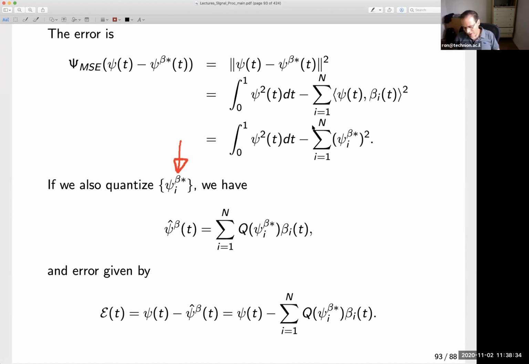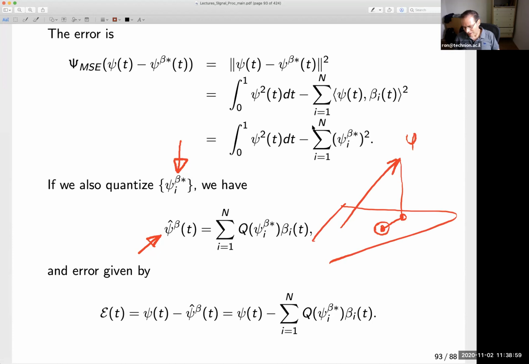And now the new signal is a little bit further away. If I've taken my signal psi and projected it onto the subspace of betas and got this one, now projecting it further into the space of all possible quantized values, I introduce a new error, okay?